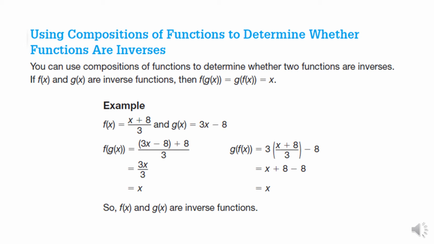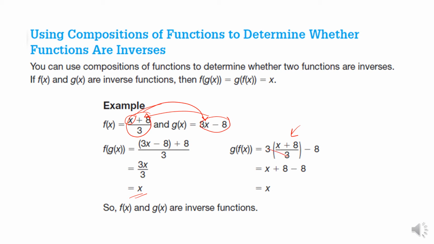So if I do the f of g of x, I would take this and plug it in for this x, substitution, and then simplify, I get x. If I do the opposite, where I take the x, or this whole thing, and plug it in to that x, you can see it's right there, taking the place of that x.